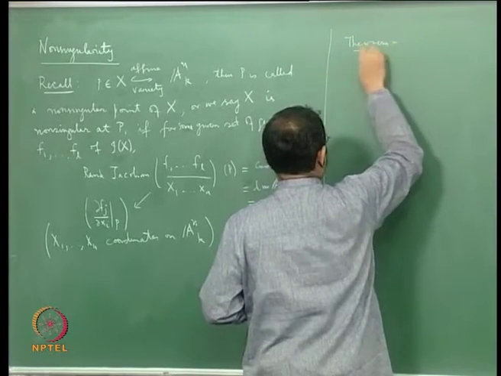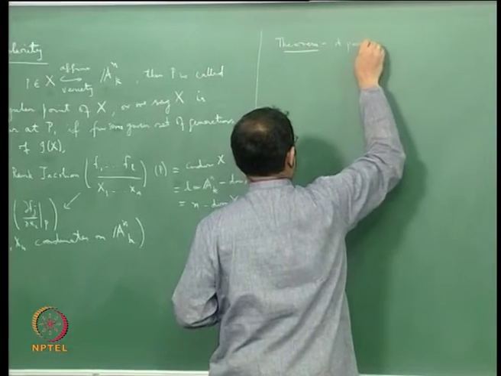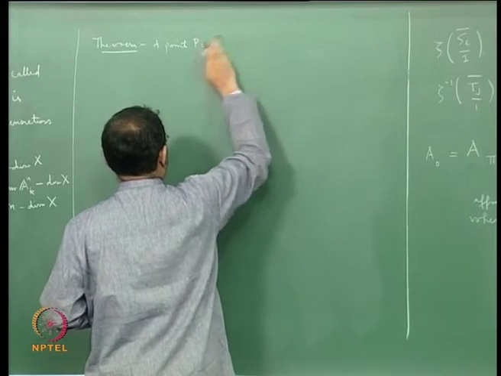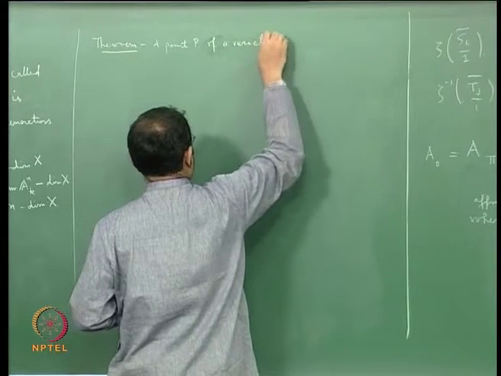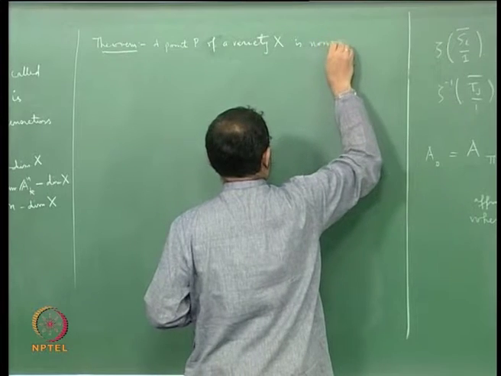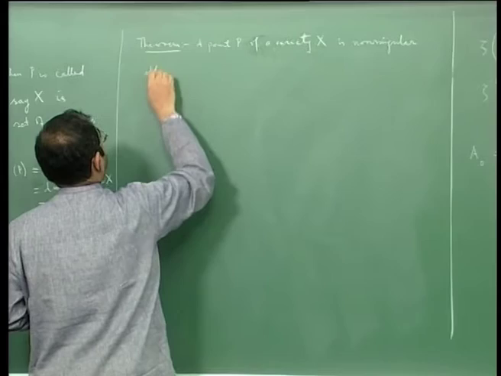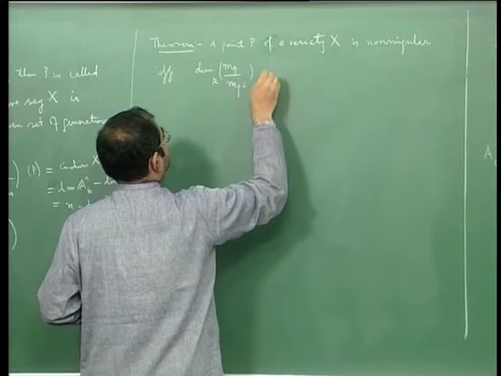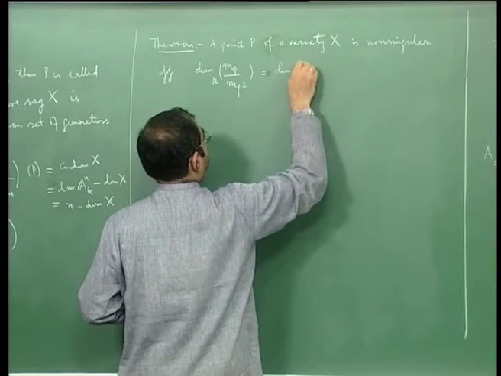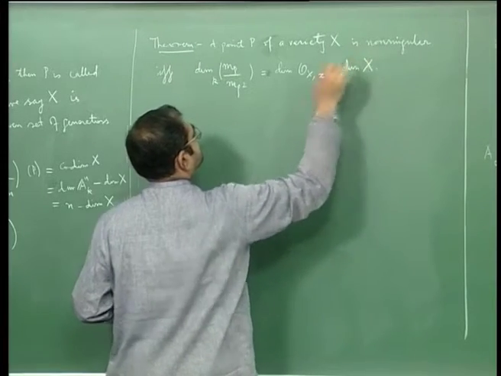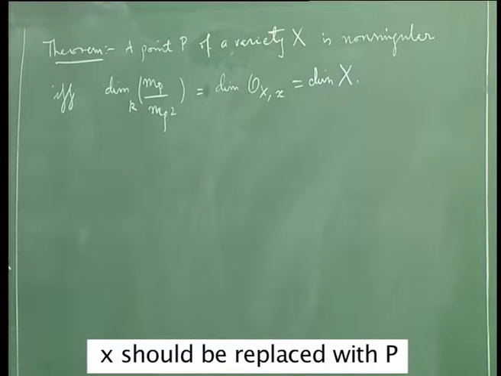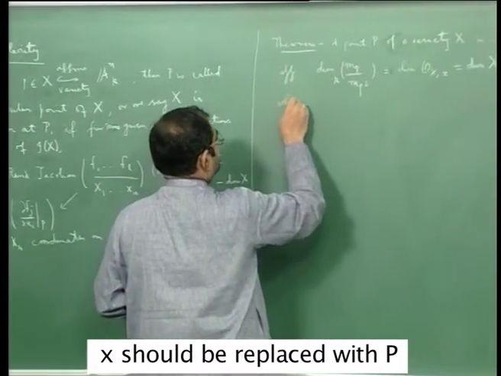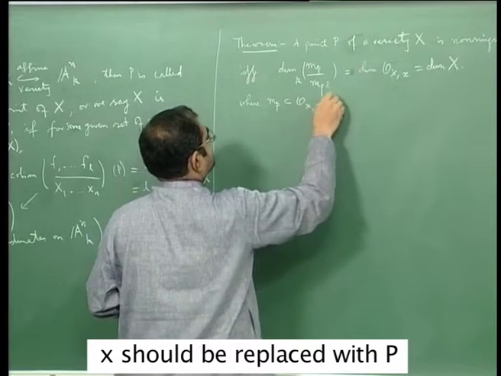So here is the theorem. A point P of a variety x is non-singular if and only if the dimension of m_P/m_P^2 as a K-vector space is equal to the dimension of O_{X,P}, which is equal to the dimension of x, where of course m_P inside O_{X,P} is the unique maximal ideal.